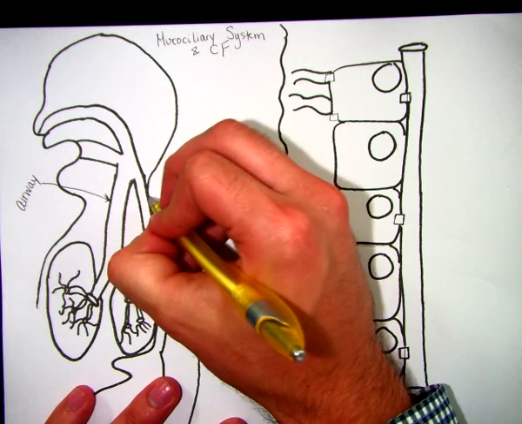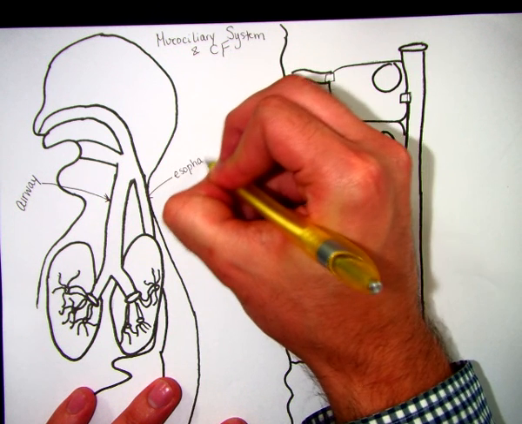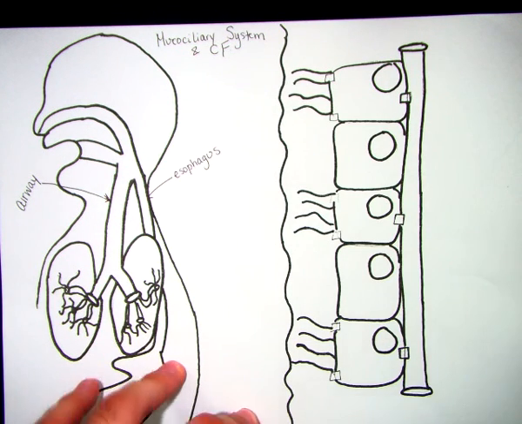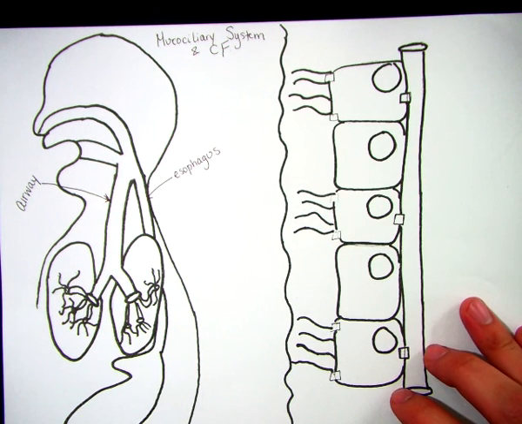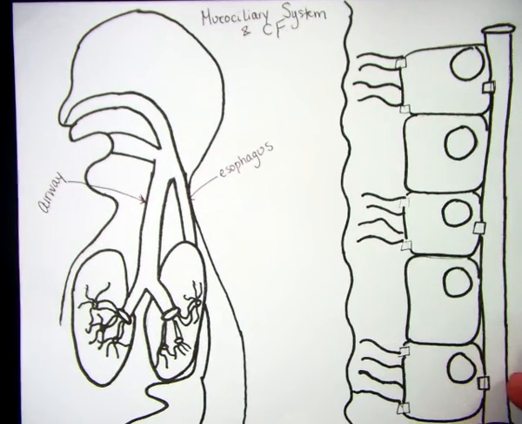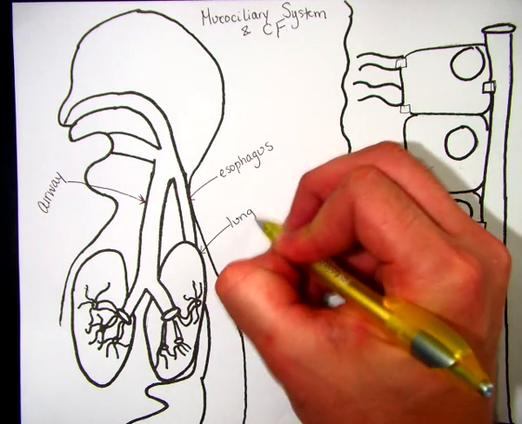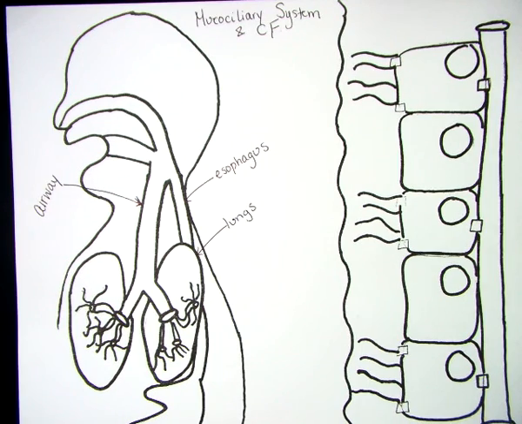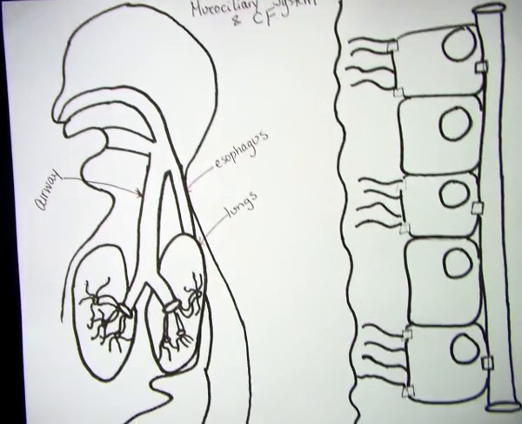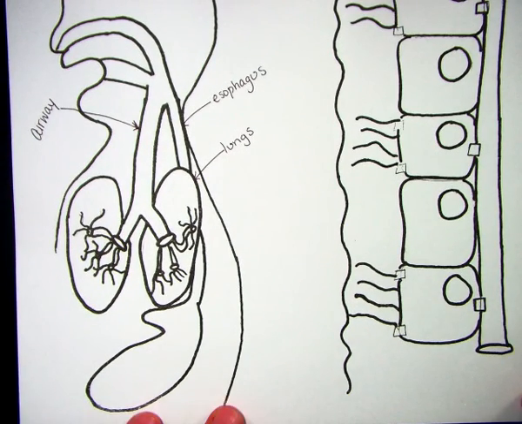The other tube, as was mentioned by Tanvir, that's our esophagus. We've got our lungs right here. And then all the way down here, we've got our stomach.